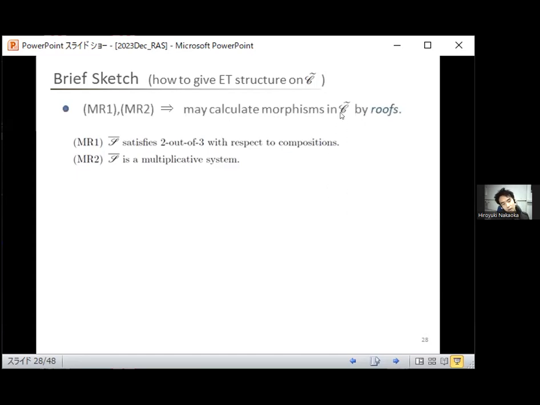So any morphism in C tilde can be expressed as a roof in C bar. It is a pair of f bar and s bar, in which s bar belongs to S bar.